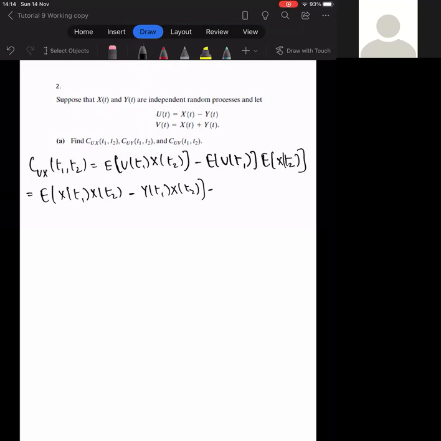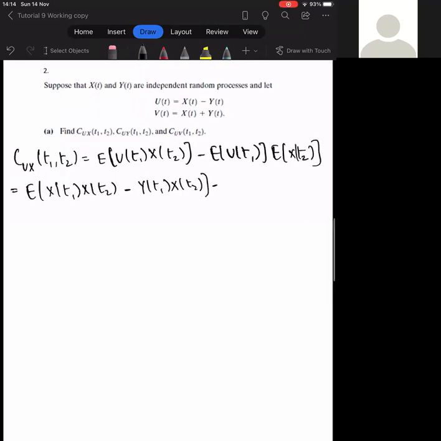Let me go through it more thoroughly. In the previous one I just wrote the result. E of x of t1 minus y of t1, and then E of x of t2. We're going to write this as is.